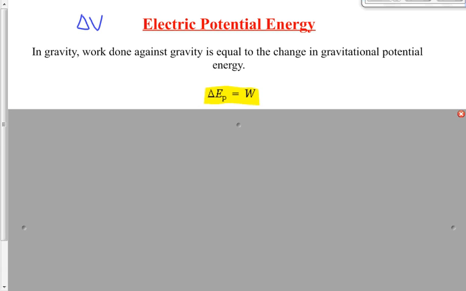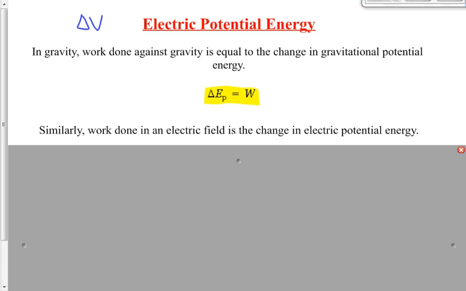In the context of electricity, however, we would say not that the work done in a gravitational field is equal to the change in gravitational potential energy, but rather that the work done in an electric field is equal to the change in electric potential energy. So all you have to do in your mind is picture an electric field arrow instead of a gravitational field arrow. The work done against a gravitational field arrow is equal to the change in gravitational potential energy.